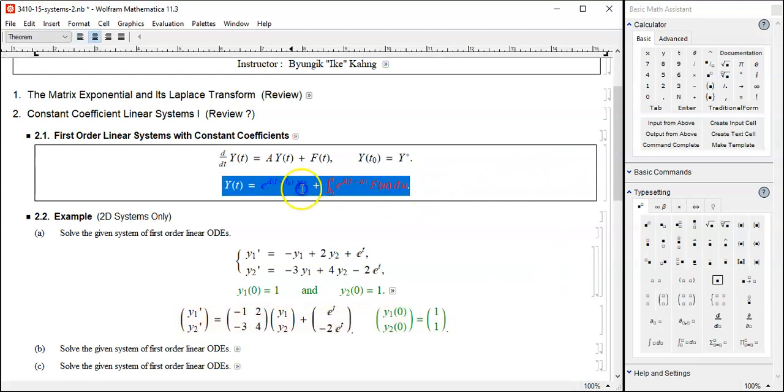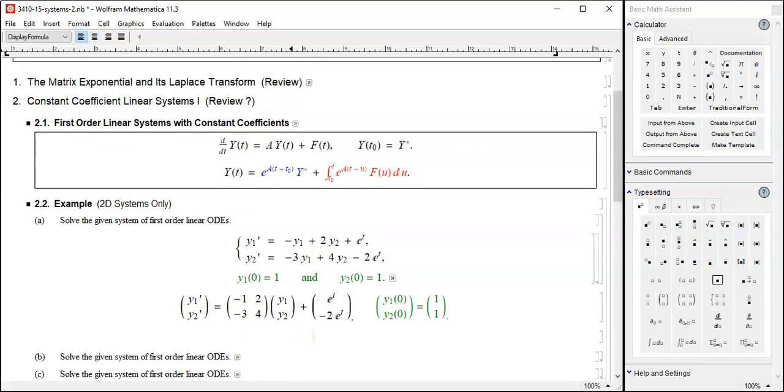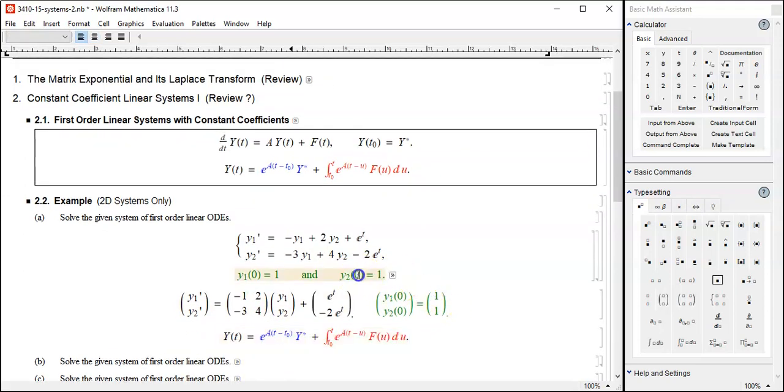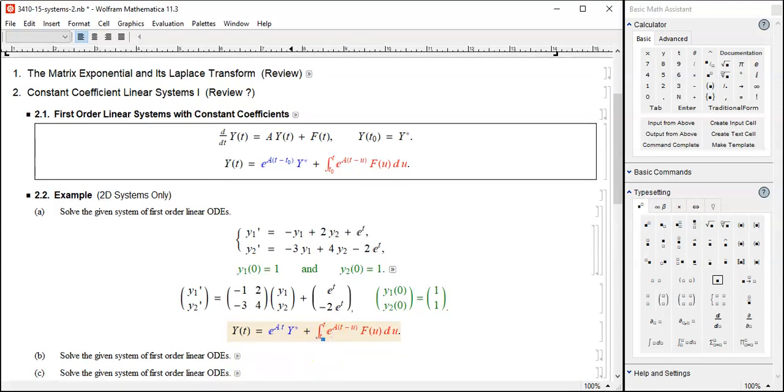And one more thing, in this formula, we're beginning from 0, so we don't need this arbitrary t0. We just go back to 0. So t minus 0, so it's just okay to have just A times t, and then this integral goes from 0. Some minimal adjustment.